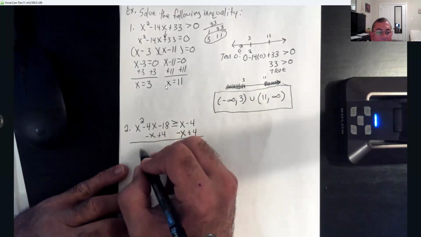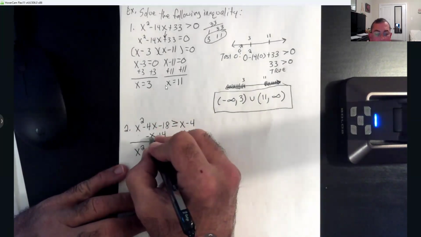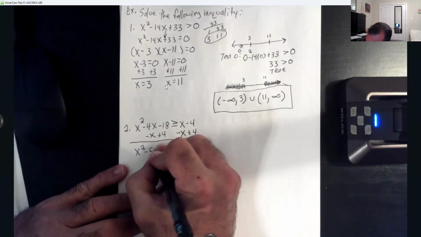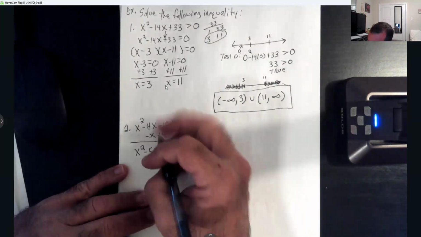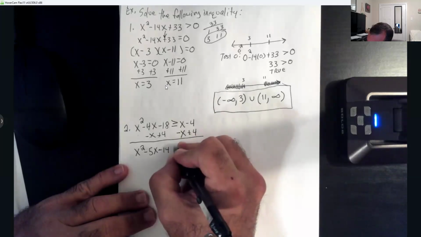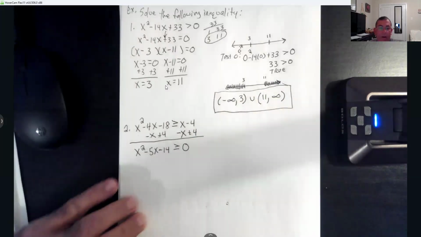So this will give me the x squared. Negative 4 and negative 1 give you negative 5x. Negative 18 and 4 give me negative 14. This is now greater than or equal to 0.